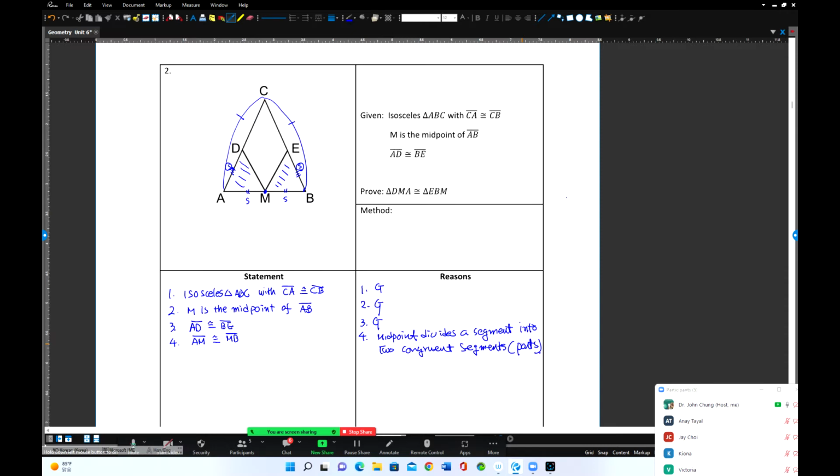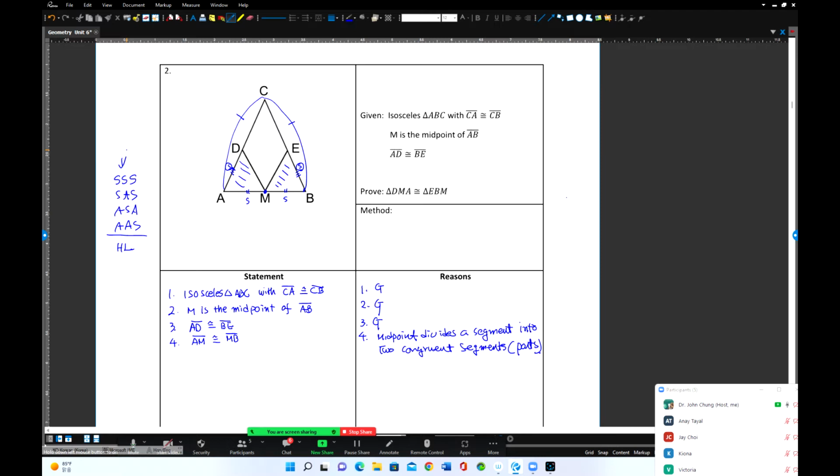We need one more. Where is the one more? Anybody can give me some idea? We need a third. First, we can go side, side, side; angle, side, angle; or angle, angle, side. On right triangles you can use hypotenuse leg, but these are not right triangles. So we need one more.